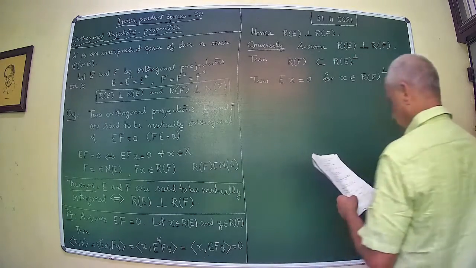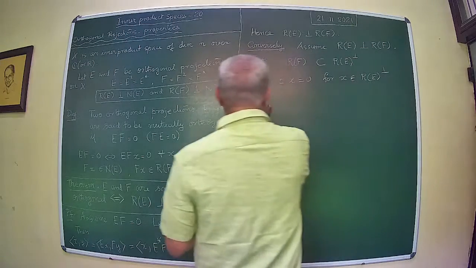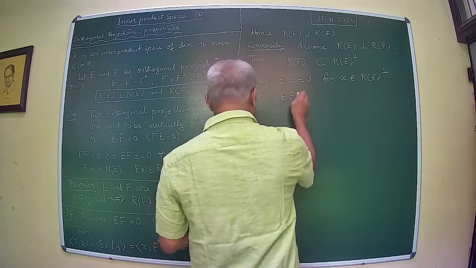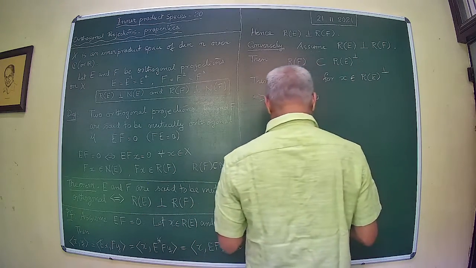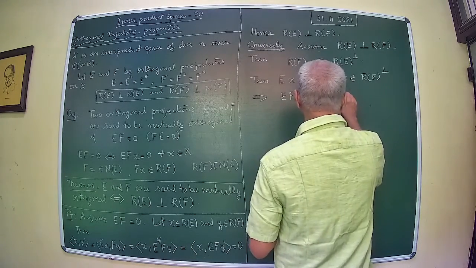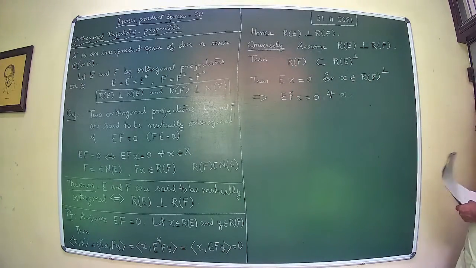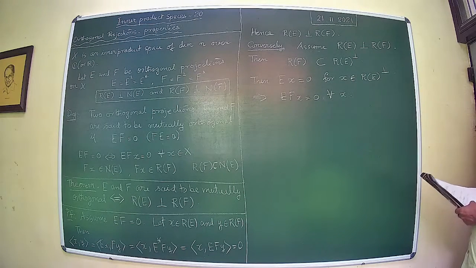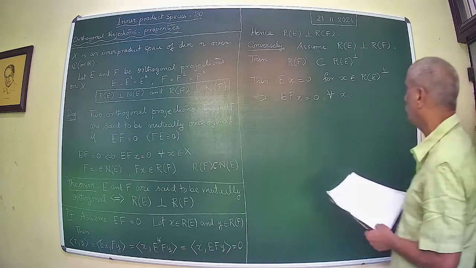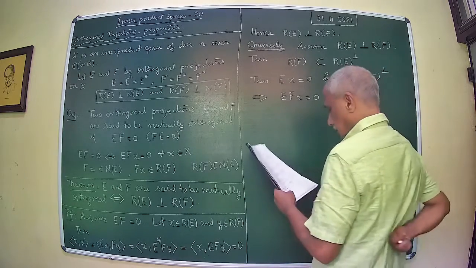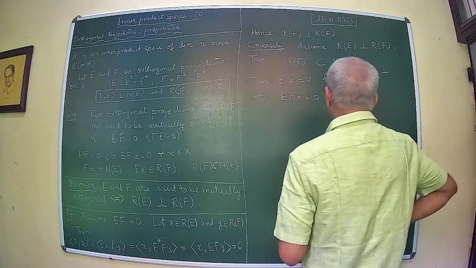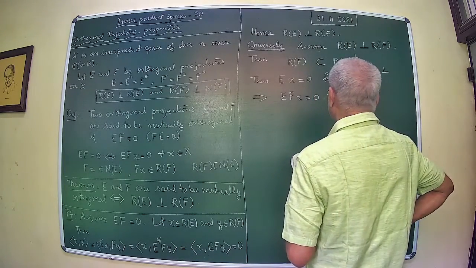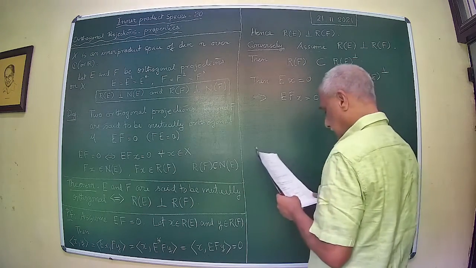Which implies EFX equal to 0 for every X, because EX equal to 0 means, see, RF is contained in RE perp, okay, right.